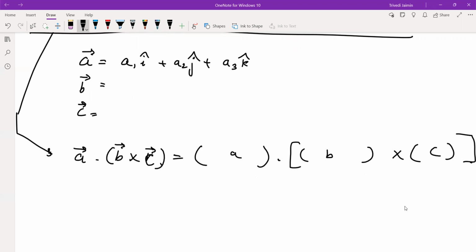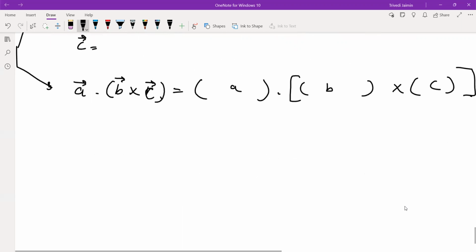So for that we have the determinant. Let me show you that directly. You write your whole term, but I don't have space here.